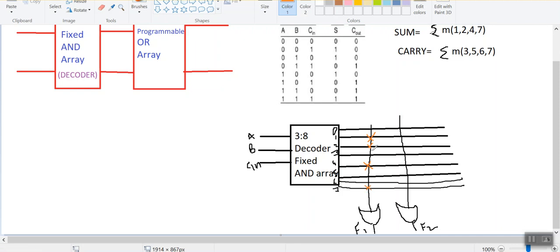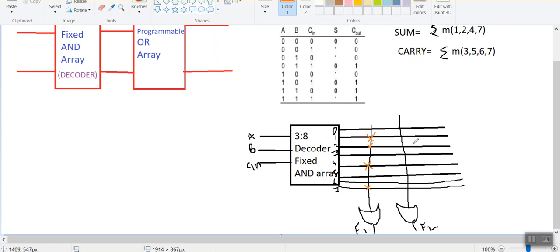It means that these are nothing but fuses. I can connect my fuse here, then only the first pin is connected to this particular OR gate. Then only the second pin, fourth pin and seventh pin are connected. Keeping a cross mark means that this is programmable. I can change the programming from this line to this line and from that line to another. Therefore this is called programmable.